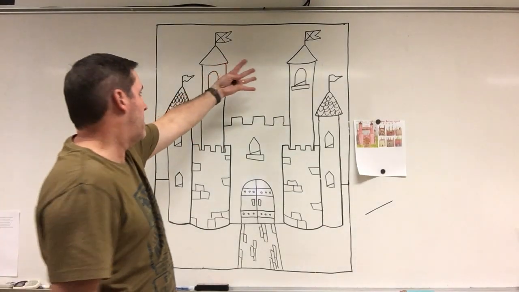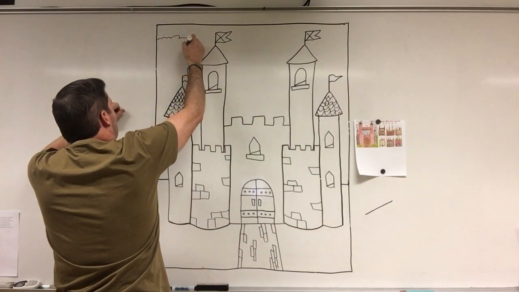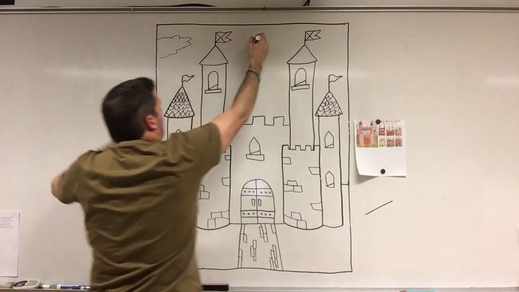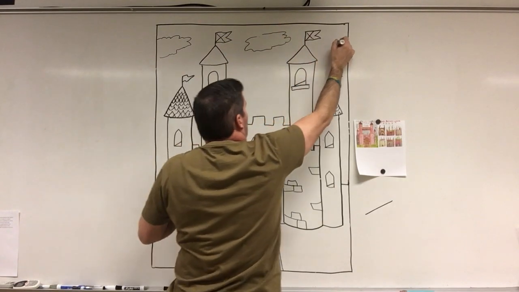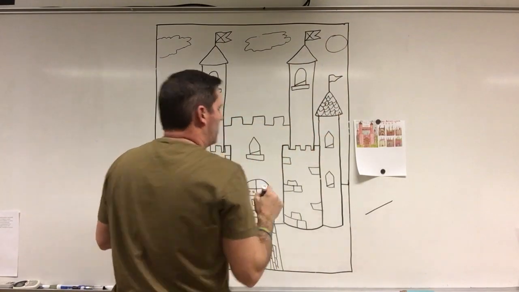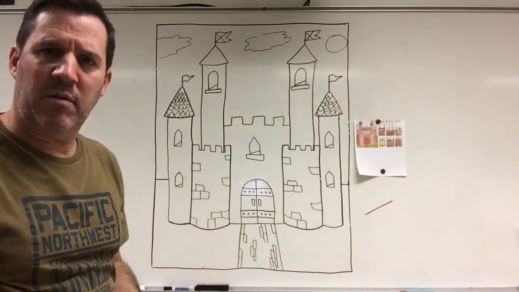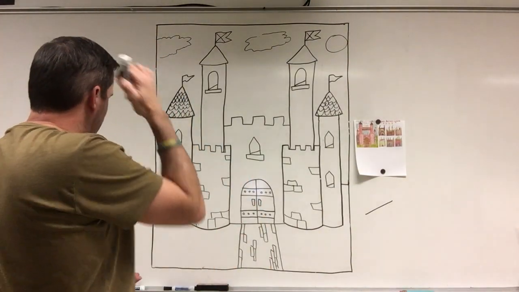And your background, you could put clouds up here. Maybe it's a nice day. Or you could put the sun up in the sky. Or maybe it's a stormy day, whatever you want to do. It's your kingdom. You can do whatever you want.